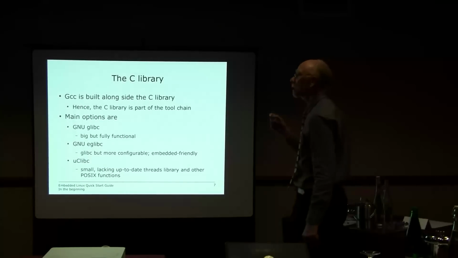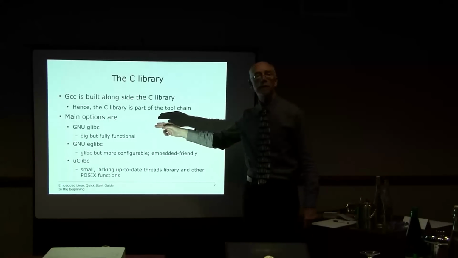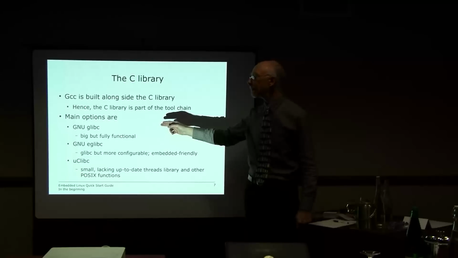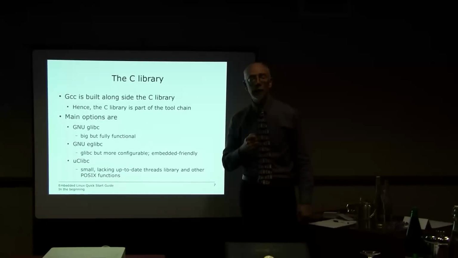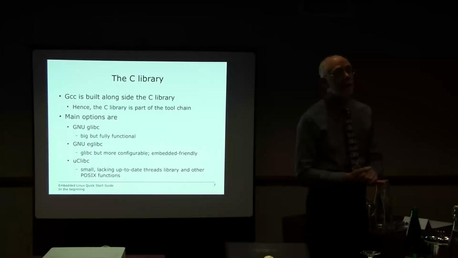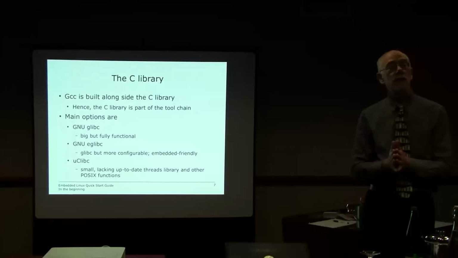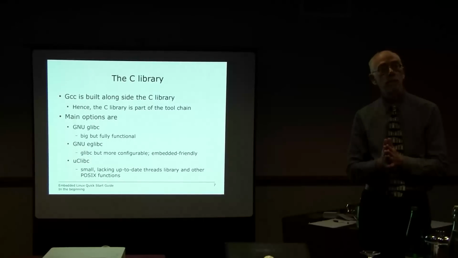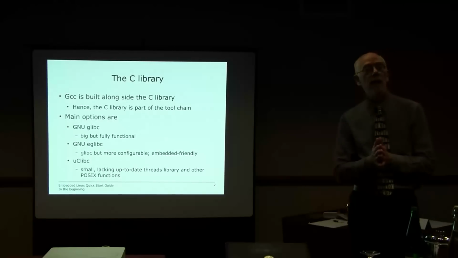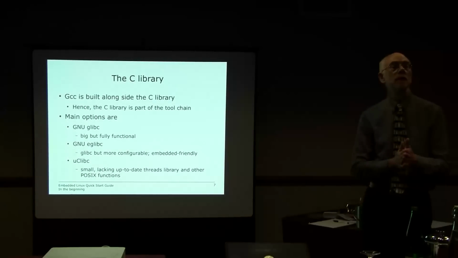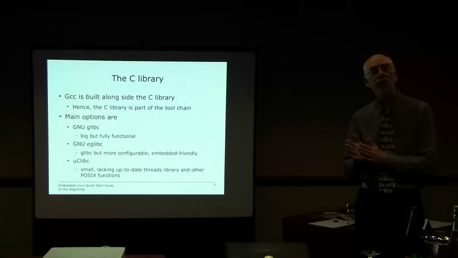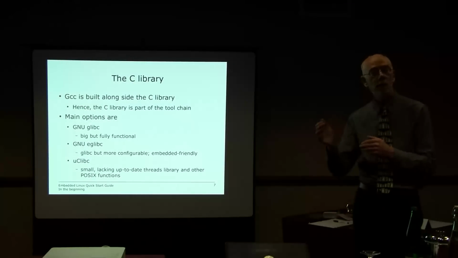The most obvious is to use the standard GNU C library, glibc. And indeed, that's what we will be doing in the practical part of this tutorial. The only snag with glibc is that it is quite big, so it's not suitable for systems with a small amount of storage.